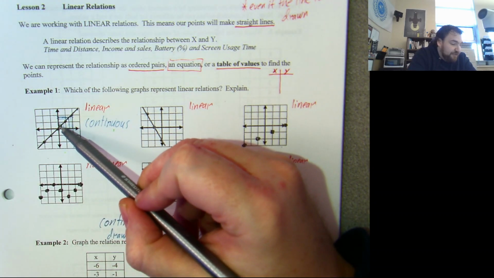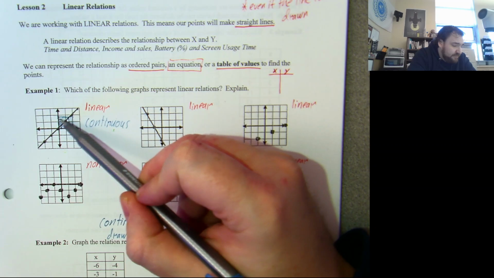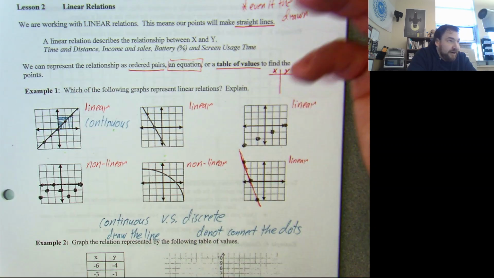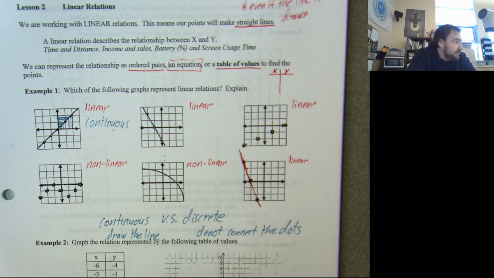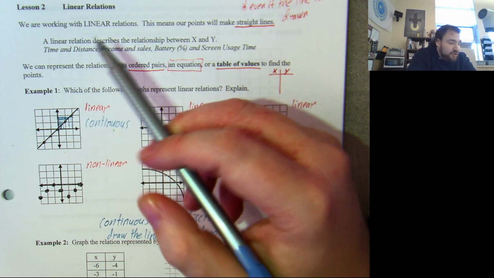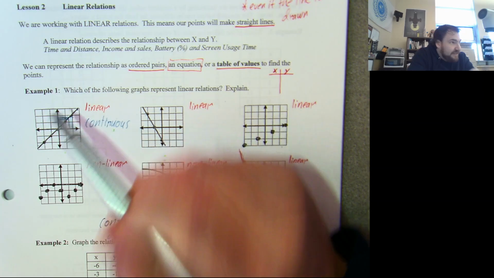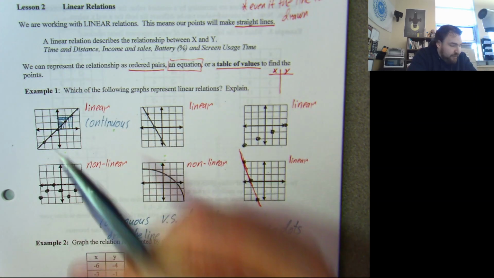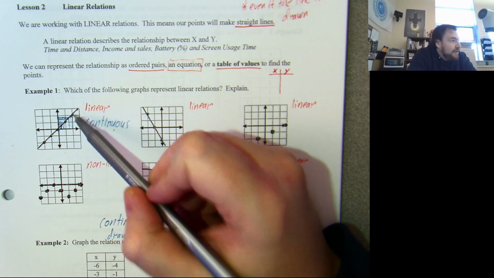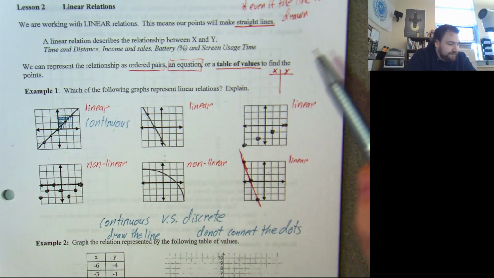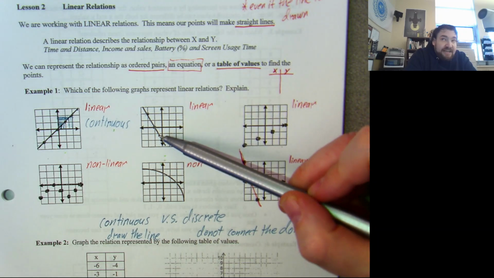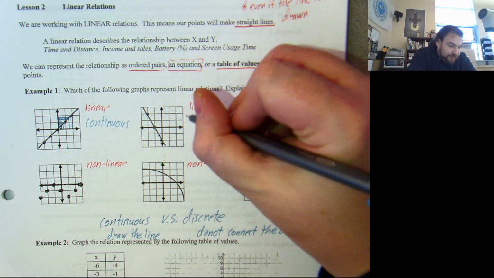Could I have any decimal distance that I want? I could have 1 meter, I could have a centimeter, a half a centimeter, a tenth of a centimeter. So because I'm allowed any little bit of a fraction there, we can draw the line and we say it's continuous. This one here, same reason, is also continuous.